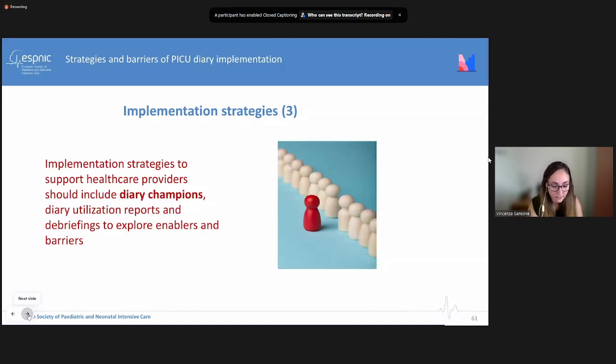He writes first and collects doubts and problems intercepted during the implementation. For example, the champion can help to understand when to start to write, when to propose the PICU diaries to the family, and understand what and how to write in the PICU diaries, adapting strategies to the family.